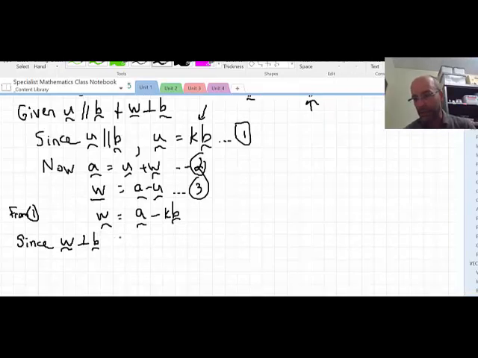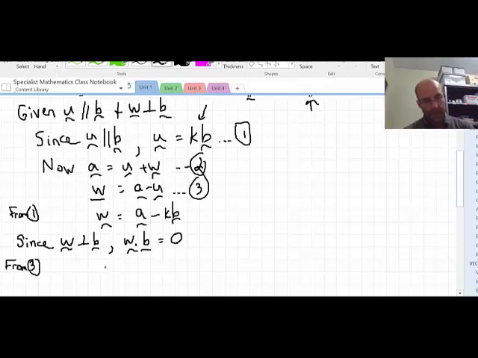Now, since W is perpendicular to B, that means W dot B equals 0 from what we know about the dot product. So we can replace W using result 3, and say A minus KB dotted with B equals 0.